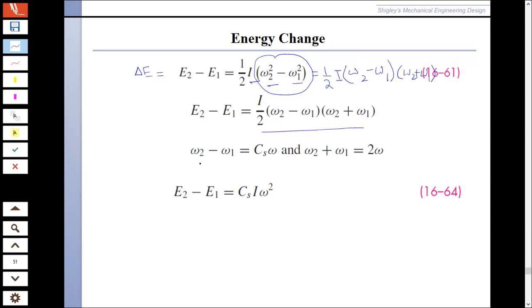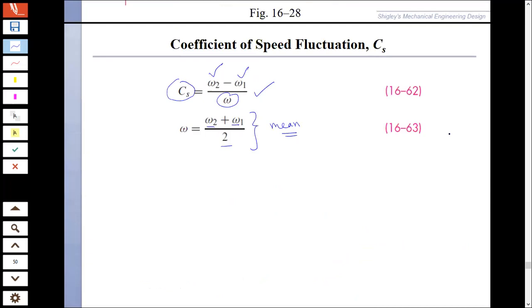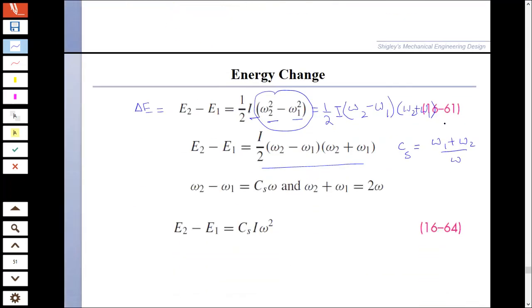Now, the coefficient of speed fluctuation is omega 2 minus omega 1 divided by omega, right?